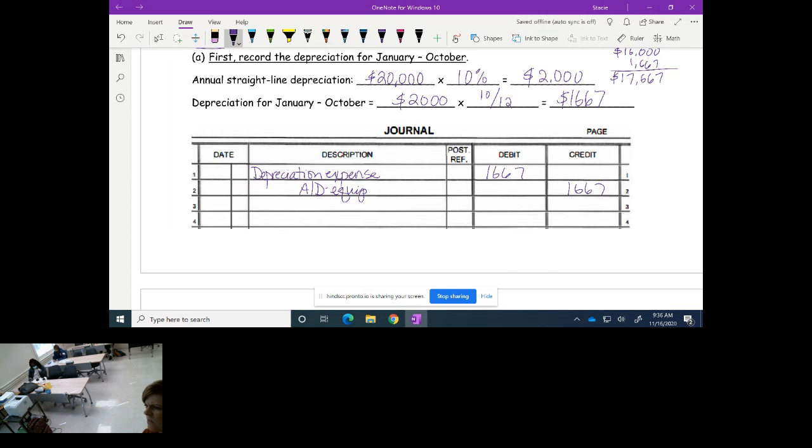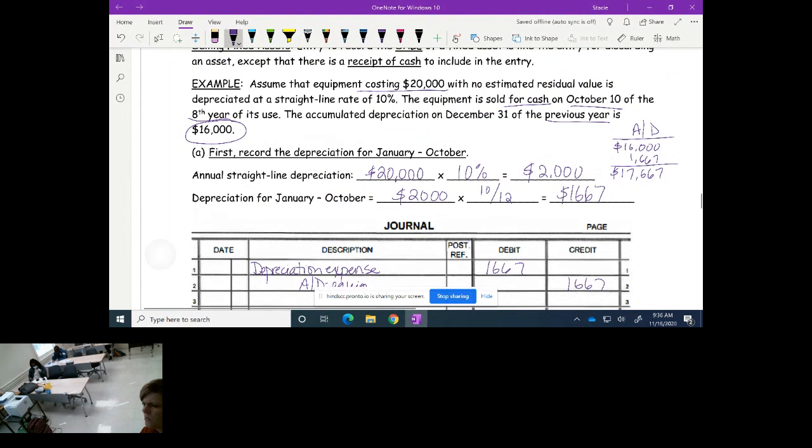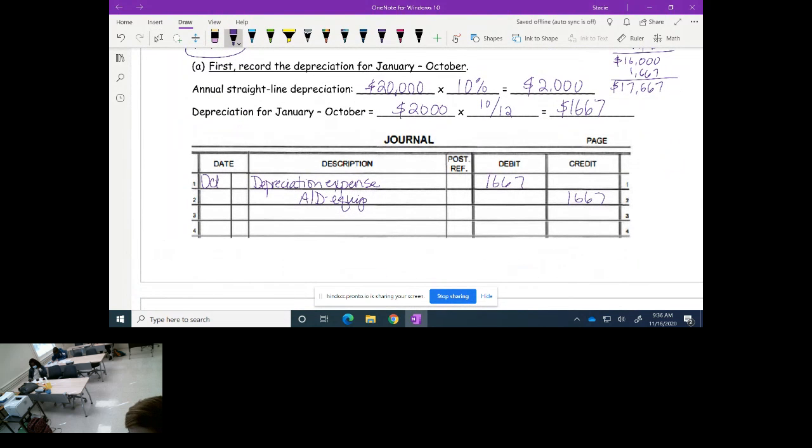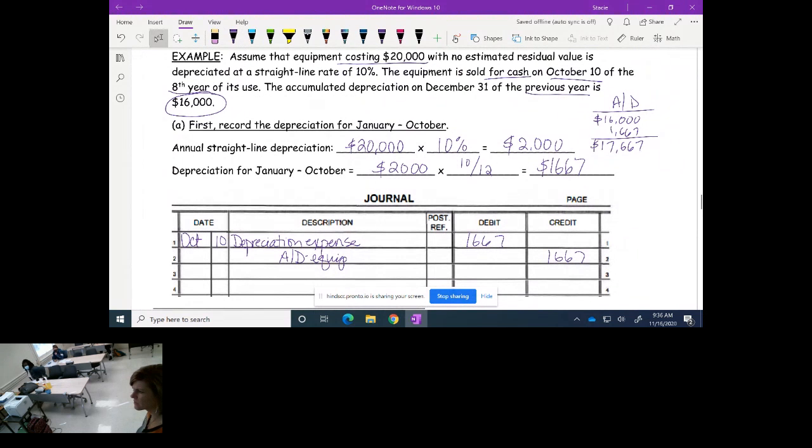Did it have a date on it? It just said October 10. You know what though? I'm thinking, with that being on the 10th, do we take a full month or not? I'm thinking we do not. We'll double check this. That's the only tricky part. Depending on when it falls in the month, you may or may not take a full month of depreciation.